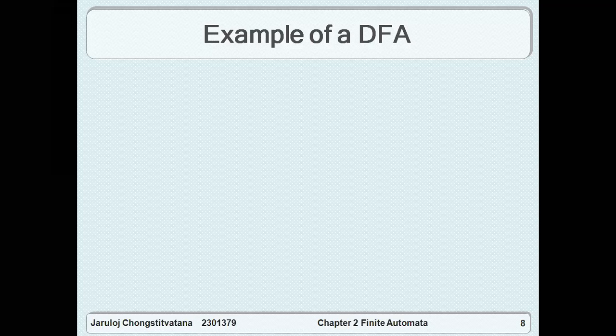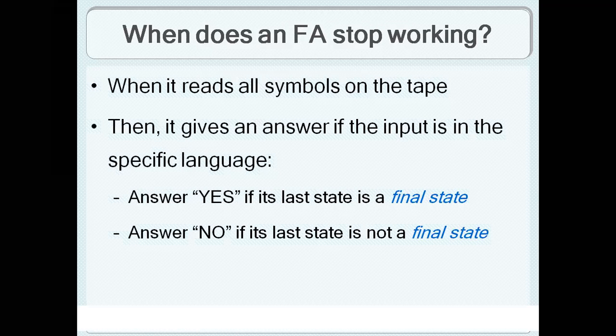The first one is the deterministic finite automata, and the second one is the non-deterministic finite automata. So what is a deterministic finite automaton? Anyone can respond, please. For each and every input symbol, there is a unique next state.